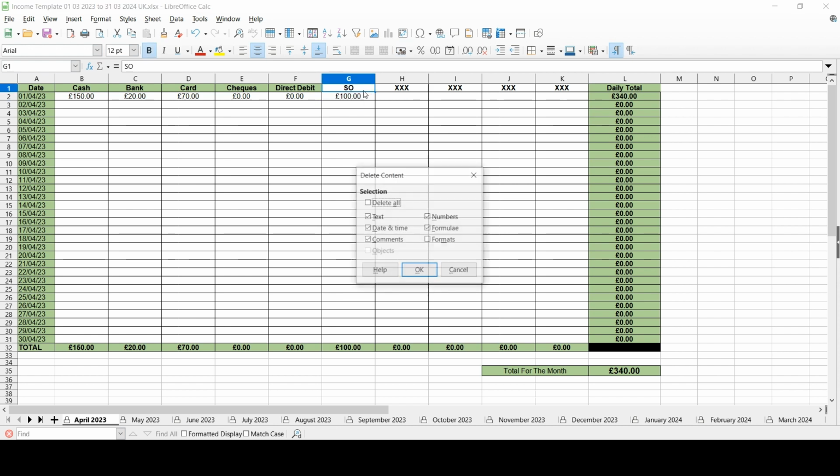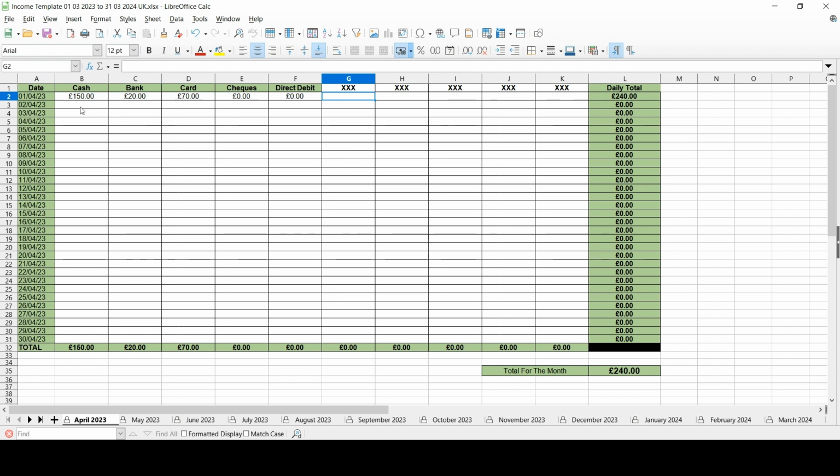I'm gonna erase that just to make it simpler, but this Excel sheet lets you have 10 different types of payments, but as a default, cash, bank, card, check, and direct debit is set. So you can add as required by your specific business.